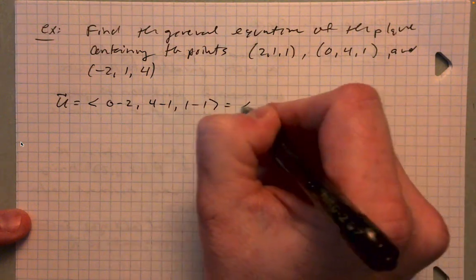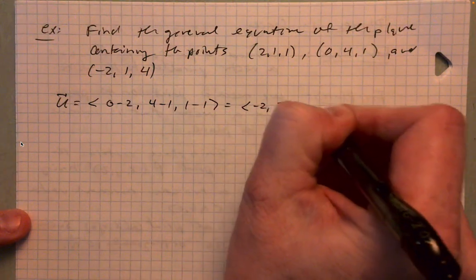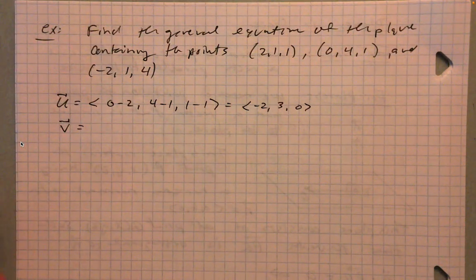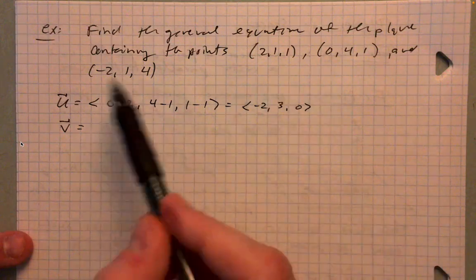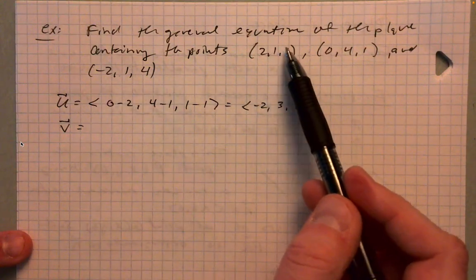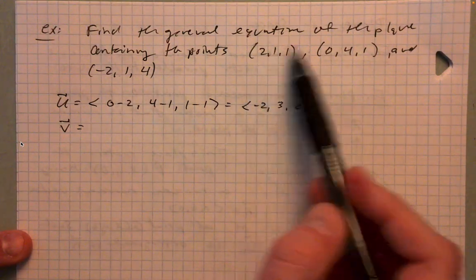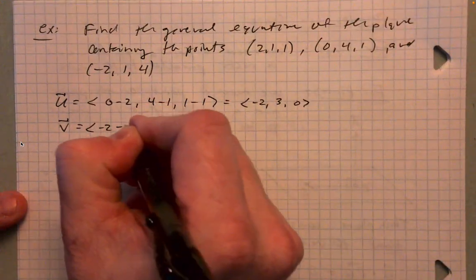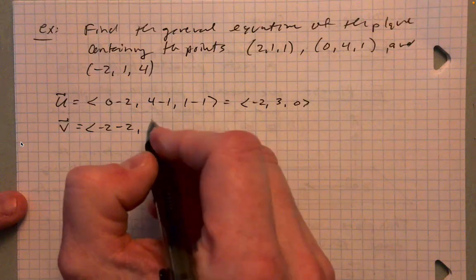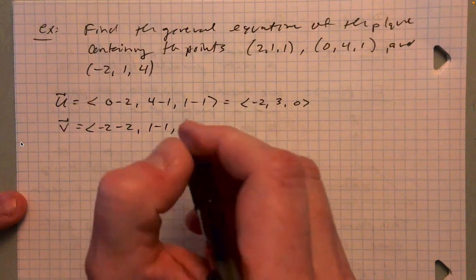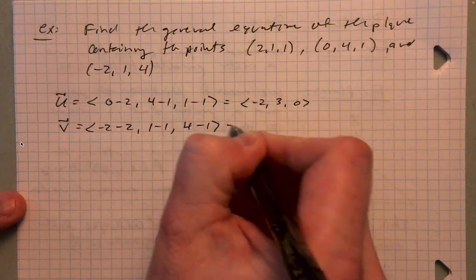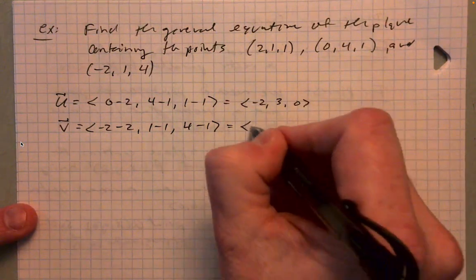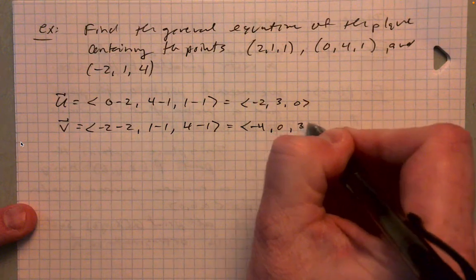What do we get? We get -2, 3, 0. What about v? For v, we'll subtract the first point from this last point. So we get -2 minus 2, 1 minus 1, and 4 minus 1, and so we have the vector -4, 0, 3.